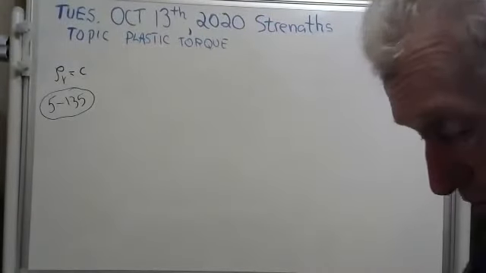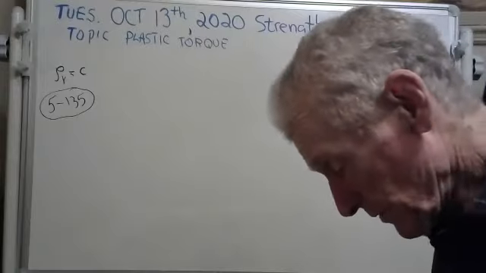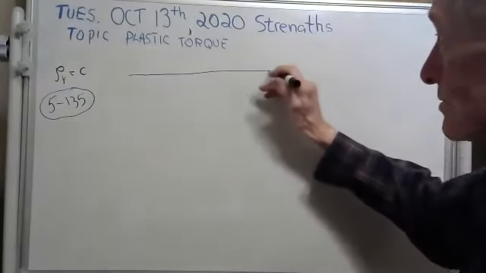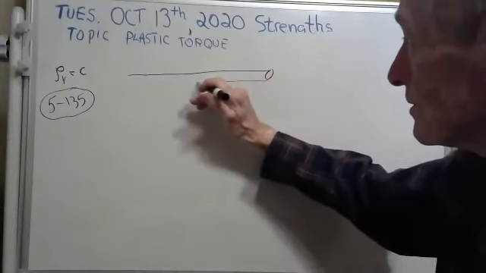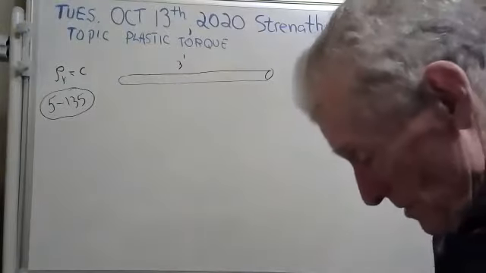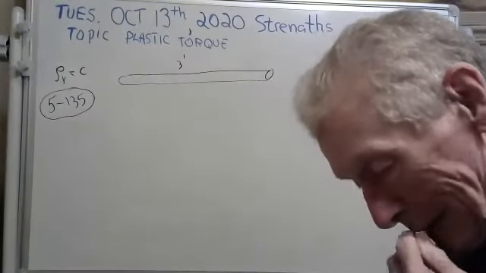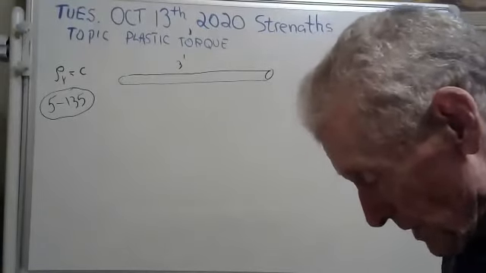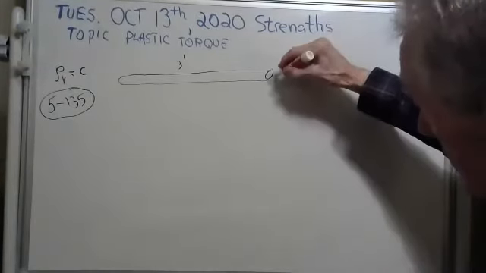Okay, now here's 5.135. You've got a rod that's 3 foot long. Let me draw it here for you. It's 3 foot long. There you go. And they've got some torque, some external torsion, and it's doing this.